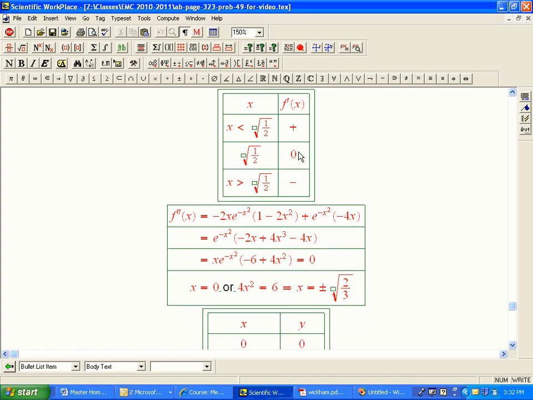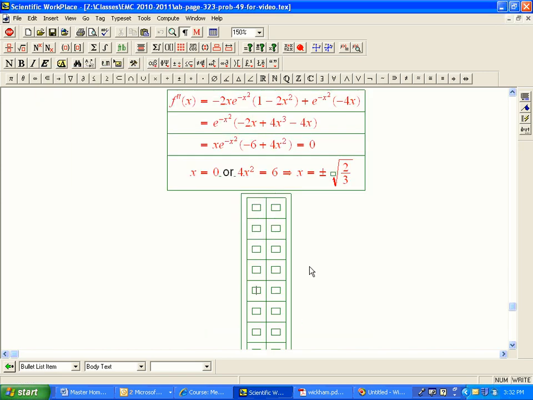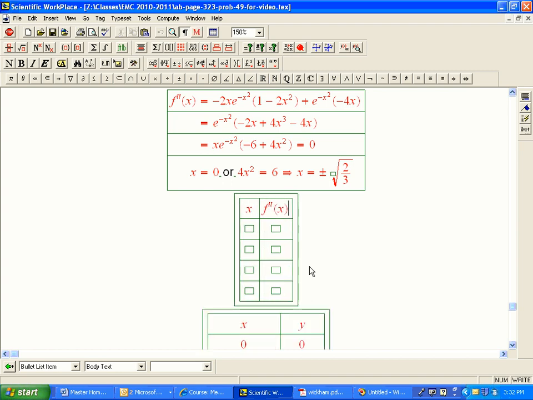Sign chart for the second derivative is a little more complicated, but not too hard. Let's put in a table. So here's x and f double prime of x. When x is 0, that was a 0. That is interesting.